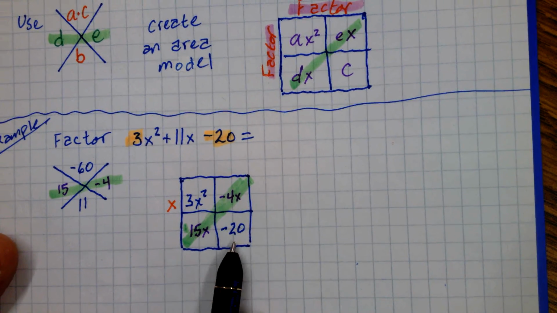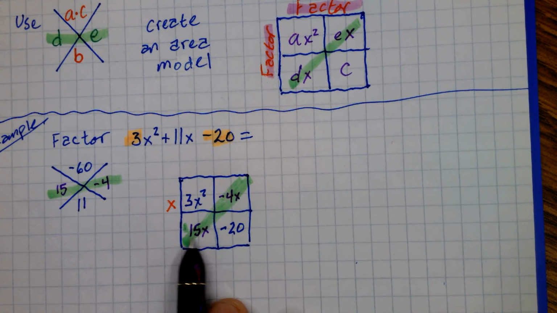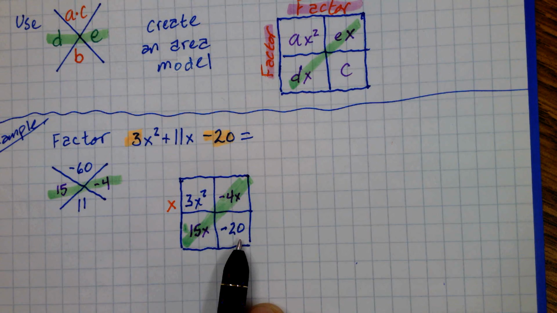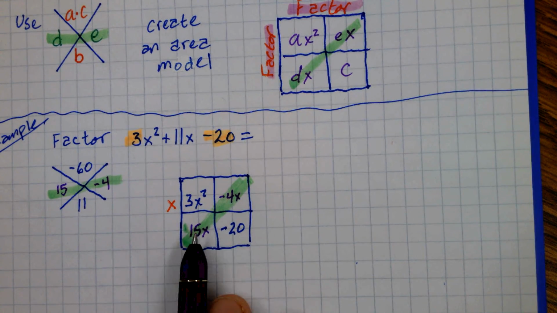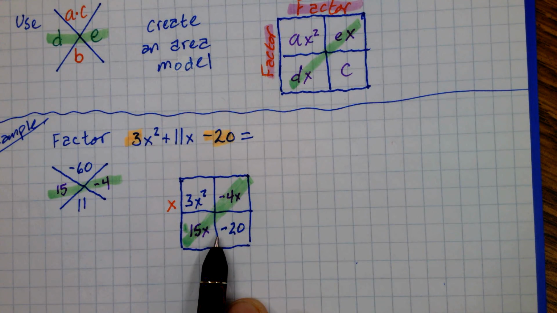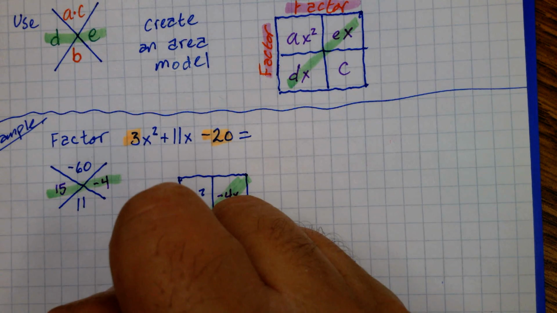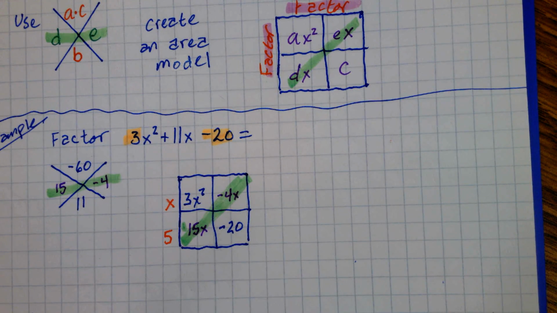And now I could do the same thing here. I got 15x and negative 20. 5, right? I got an x here, but I don't have an x to give here. And 15 and 20, the greatest common factor is 5. So I just got x plus 5 there.